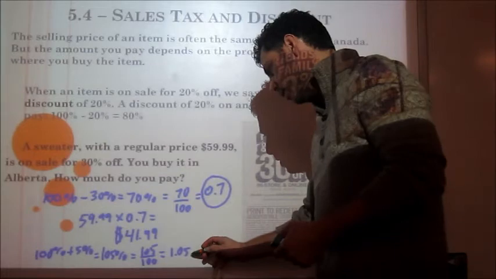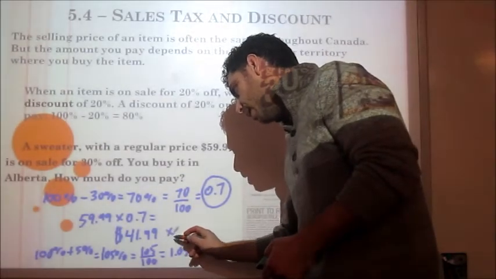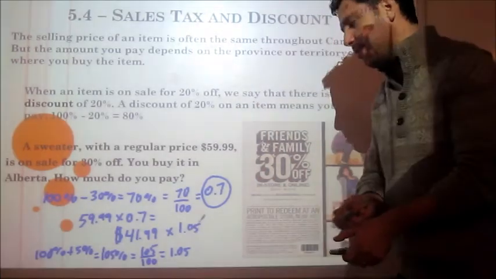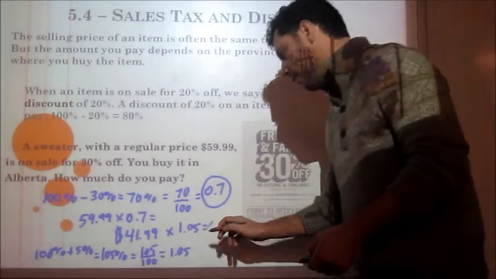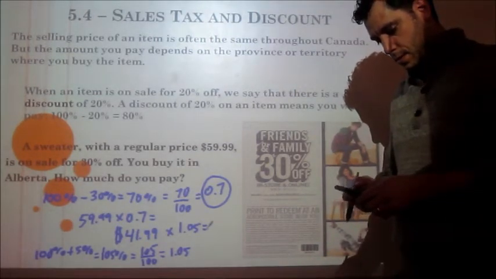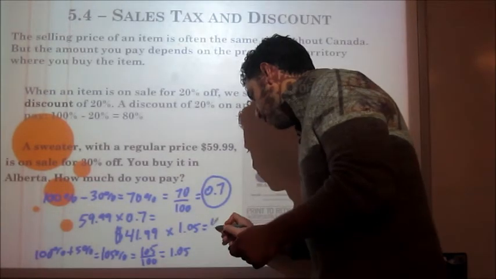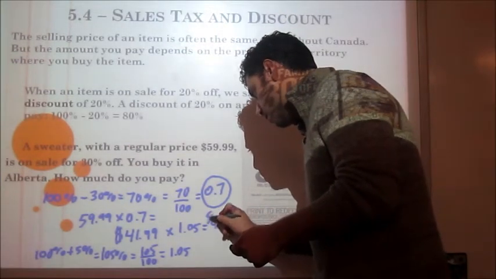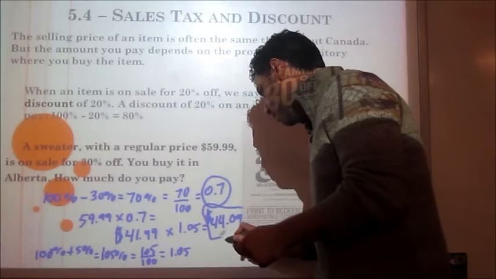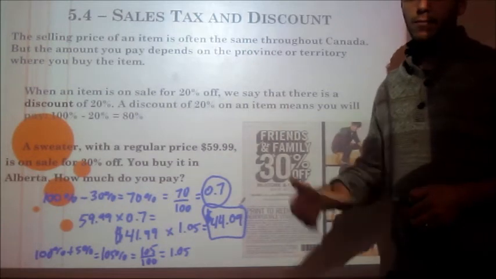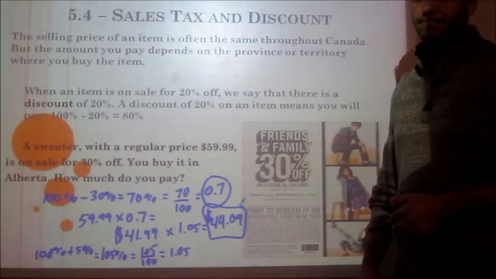So we can now take this value and multiply that by 1.05 to get our final price, which will be $44.09. So this is our final price that we're going to pay after a discount of 30% and our 5% sales tax in the province of Alberta.